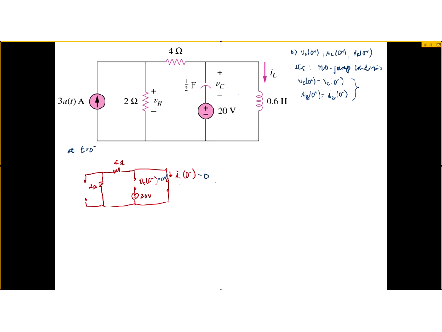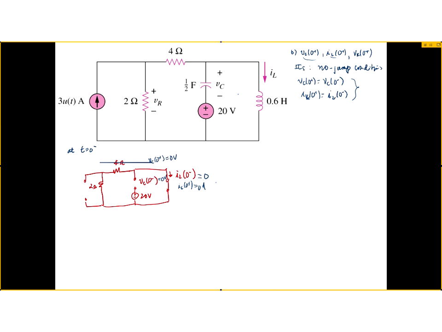Because those two values will not change. So the IL at 0 plus will still be 0 amps, and VC at 0 plus will be 0 volts. So that takes care of this too, but it doesn't take care of VR at 0 plus. And I don't look for VR here at 0 minus, because that can jump. So what I need to do now is what?